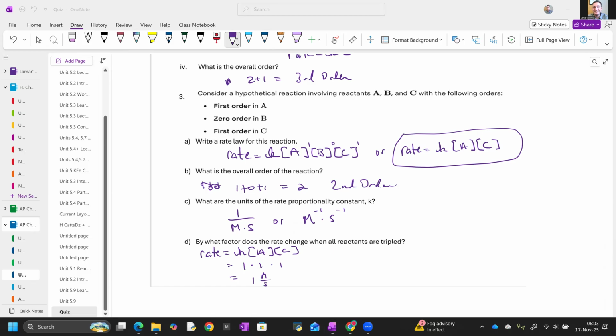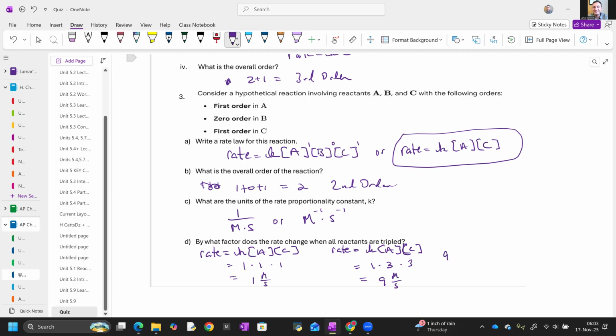Now, if we look at this and we see, okay, rate is equal to k[A][C], and we do the same thing, k is going to be equal to 1, but now the concentration of A has increased 3 times, and the concentration of C has increased 3 times. Now we are at 9 molar per second.